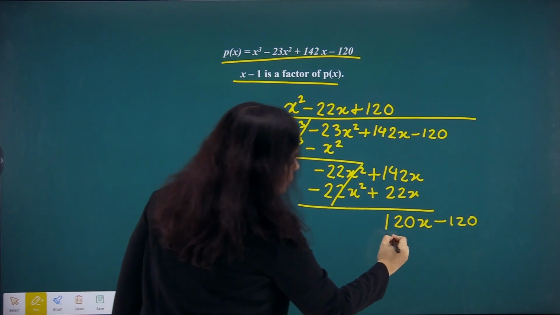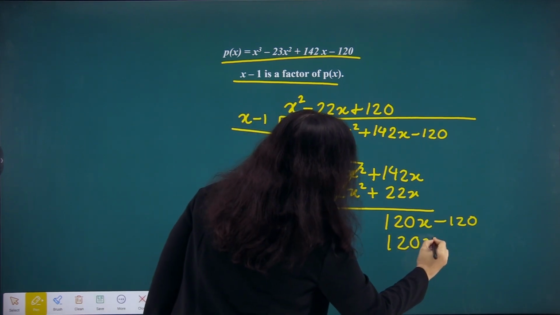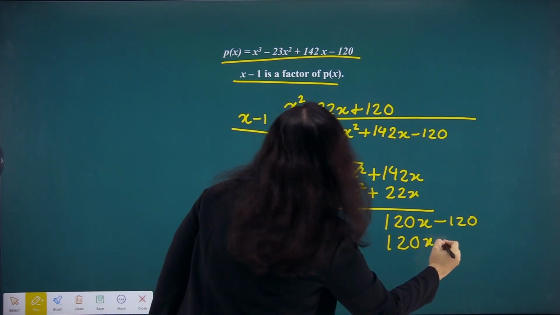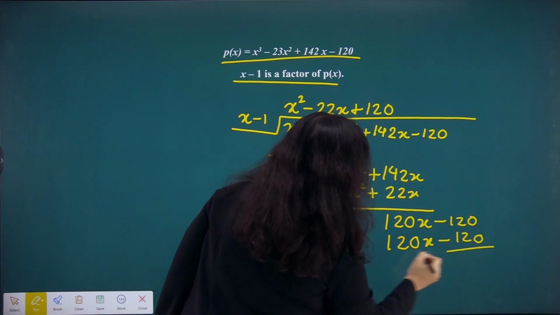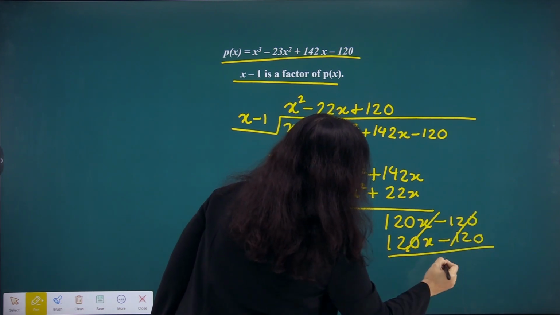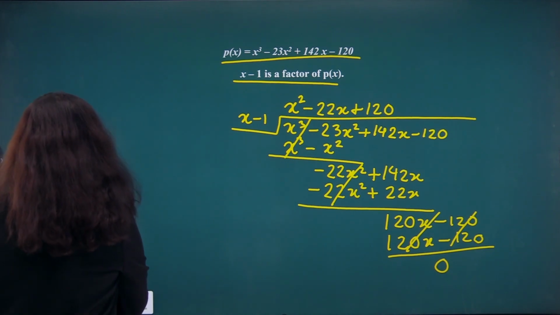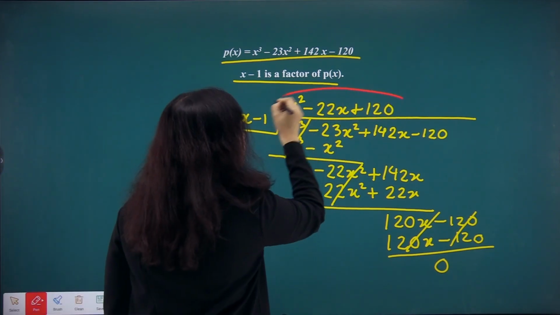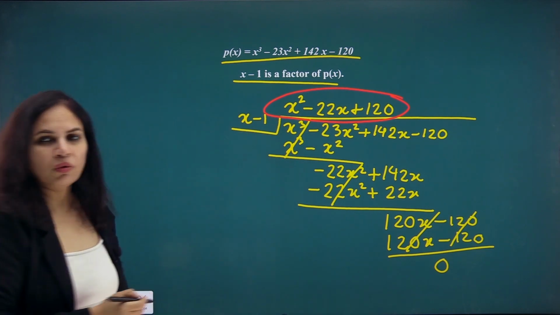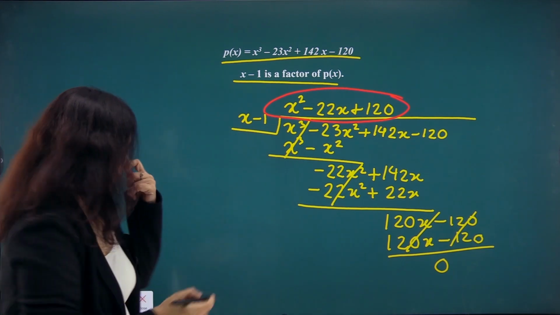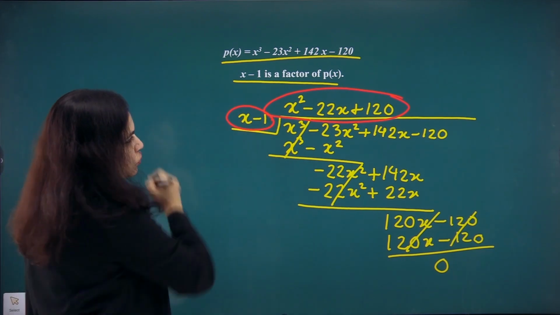So, finally, I will see that I am getting the remainder 0. If I am getting a remainder 0, then obviously this is my quadratic polynomial, which is a factor of the cubic polynomial.